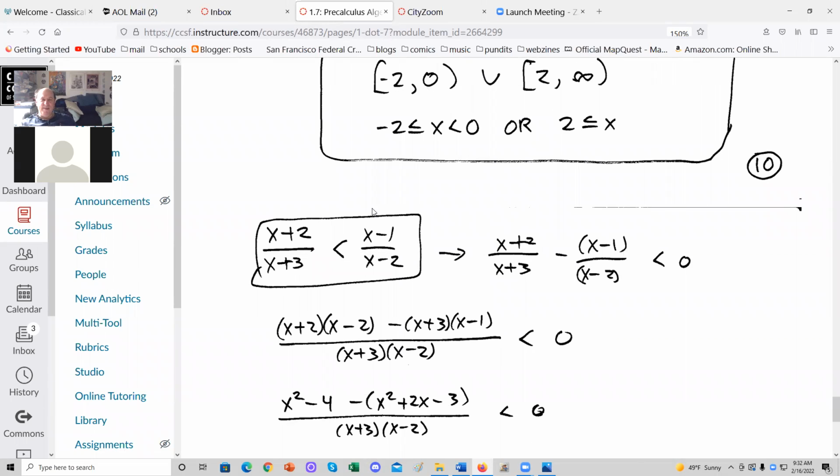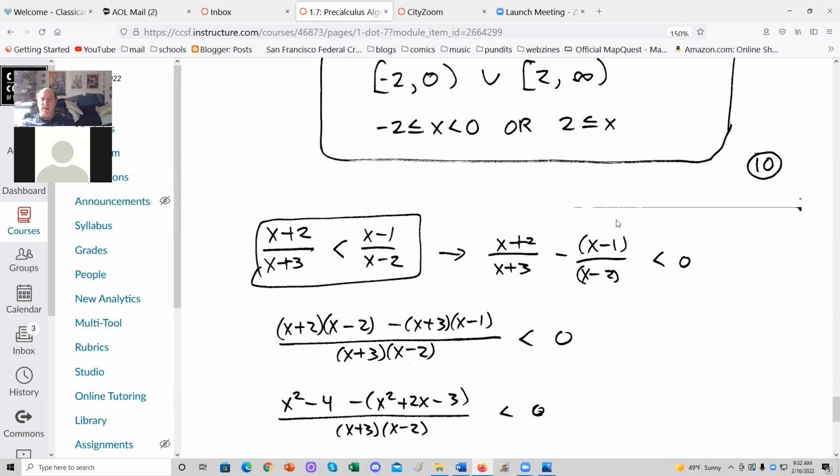Now here things are getting really gnarly. (x + 2)/(x − 3) minus (x − 1)/(x − 2). Now if this were an equality, we would transpose the denominators and solve from there. But here the problem is that these denominators may be negative, and they may therefore flip the sign around. So we don't do that. All you can really trust is adding and subtracting.